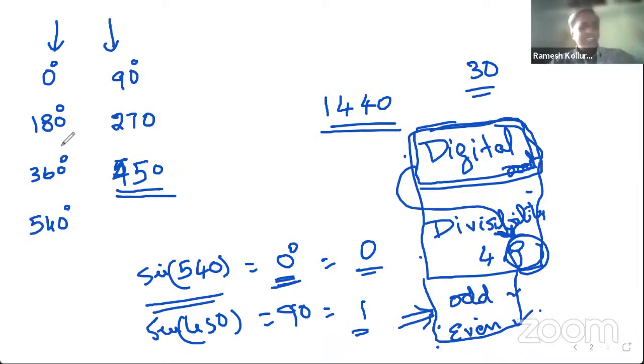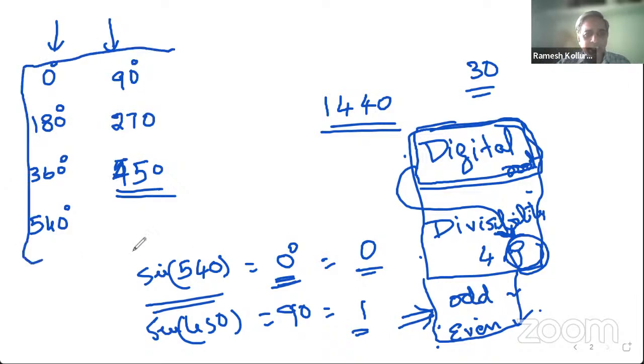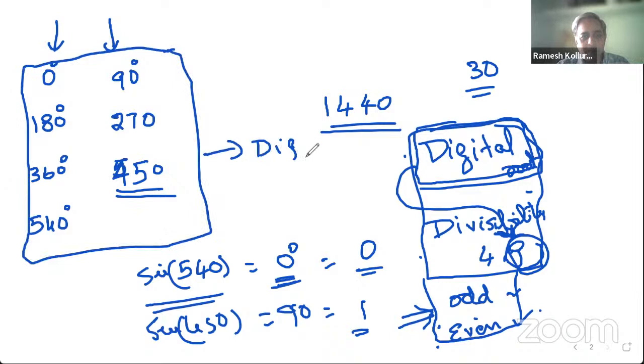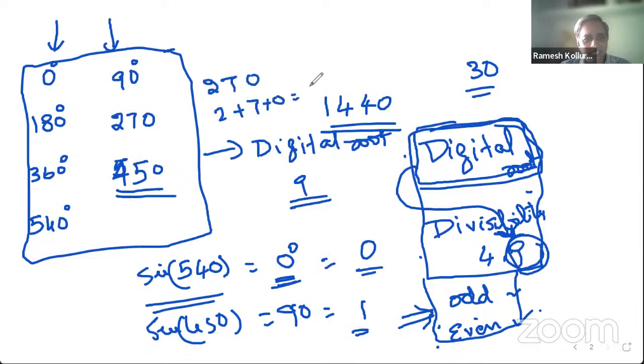Easily we can observe that in all these places, the digital root is 9. Correct? I hope everyone knows what the digital root is. In all these cases, the digital root is 9, right? The digital root is nothing but adding the digits of the numbers. Suppose 270 is there: 2 plus 7 plus 0, which is 9, right?